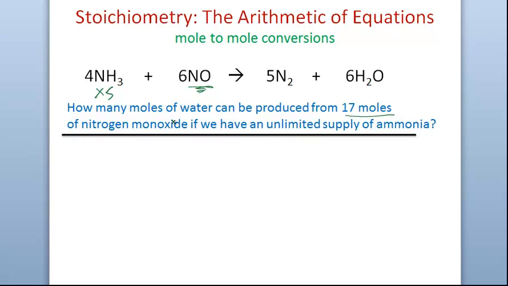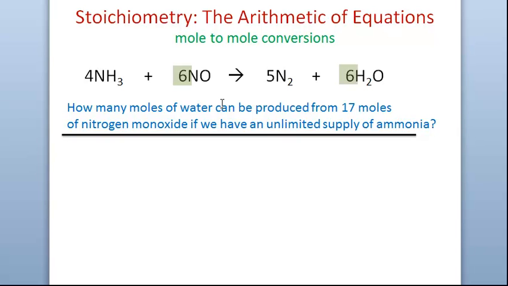So we're talking about nitrogen monoxide. We're being given a certain amount of that, and we're being asked how many moles of water can be produced. So if you said the 6 and the 6 for nitrogen monoxide and water, you're right. That is the mole ratio that is relevant to this question.